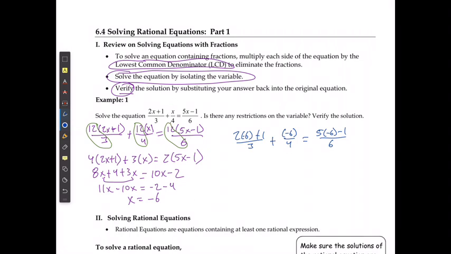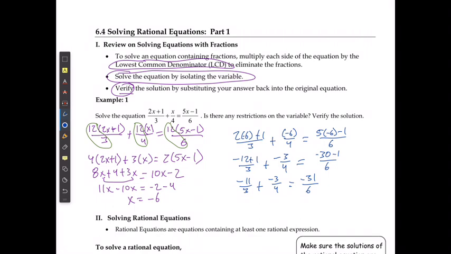What this is going to give me is negative 12 plus 1 over 3, plus negative 6 over 4, which can get reduced down to negative 3 over 2, is equal to negative 30 minus 1 over 6. Or negative 11 over 3 plus negative 3 over 2 is equal to negative 31 over 6.